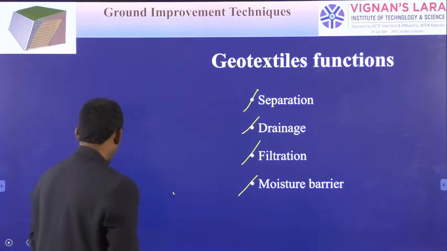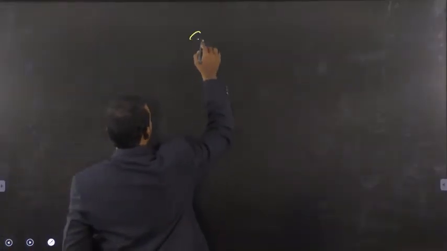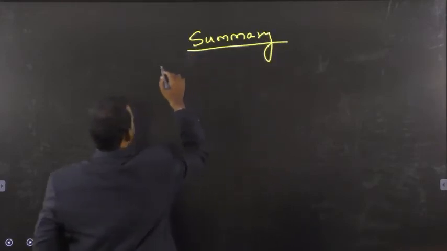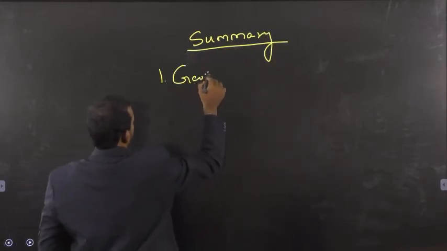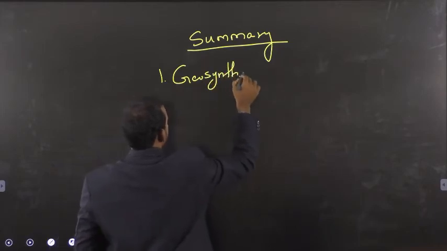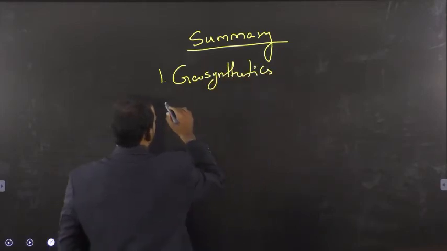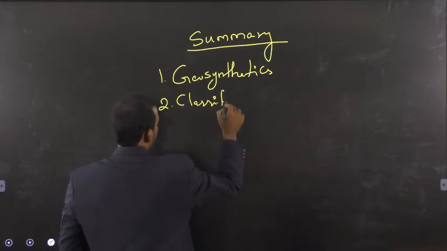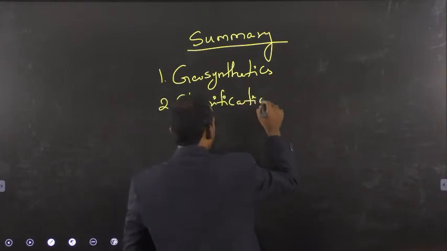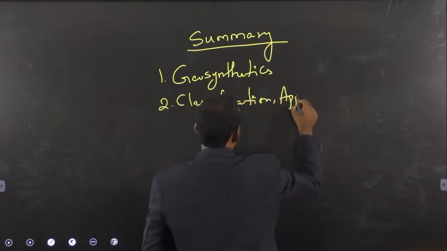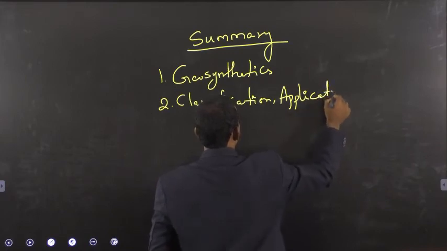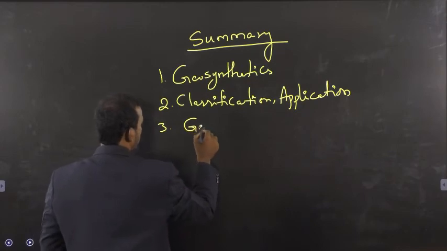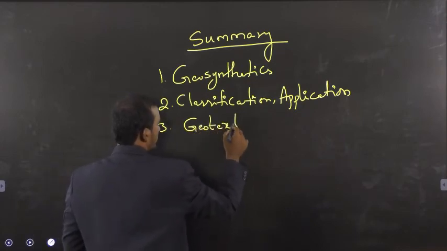Okay, so let's summarize today's class. In today's class we started the 5th unit, that is geosynthetics. Then we saw the various classifications of geosynthetics and applications. Then we discussed the first type of geosynthetic, that is geotextile.